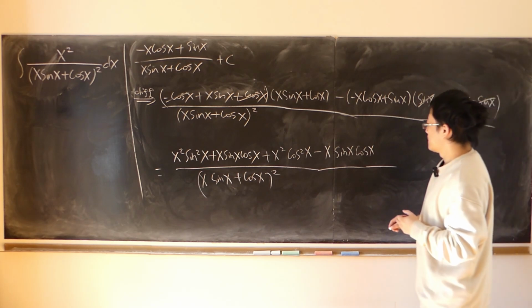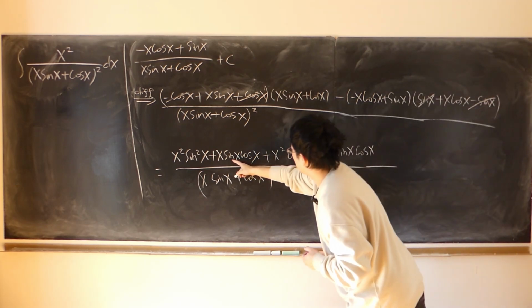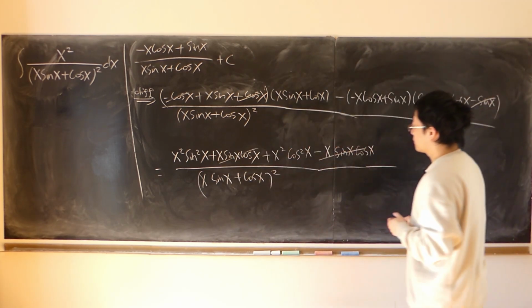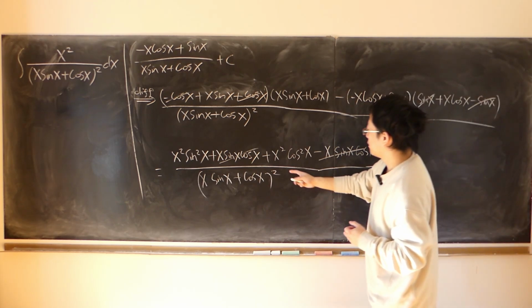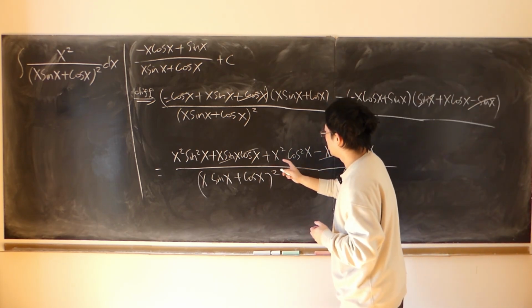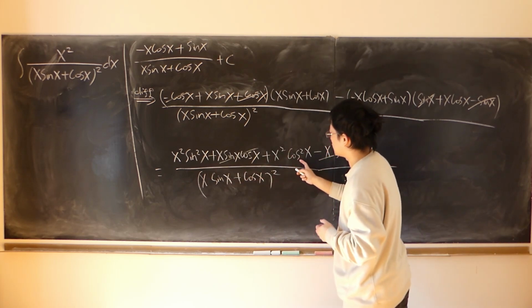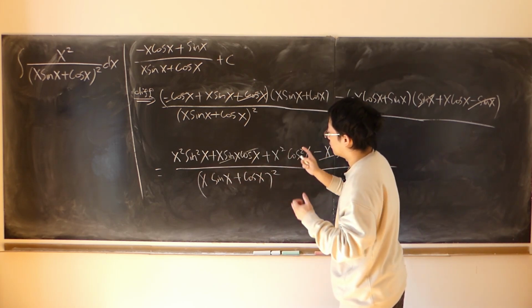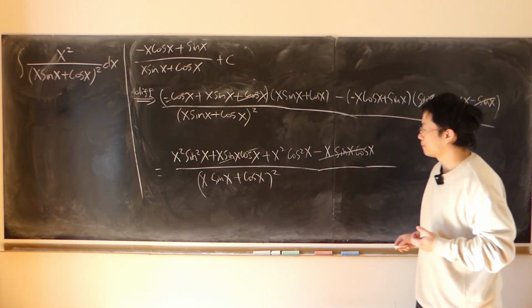So negative, positive, x squared common factor, sine squared plus cosine squared, 1. So x squared times 1, and we're good.